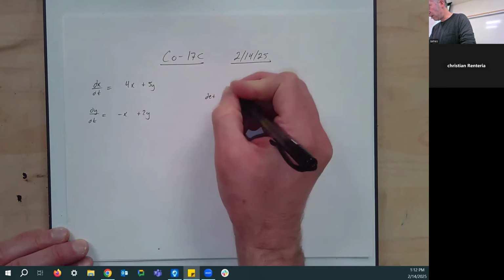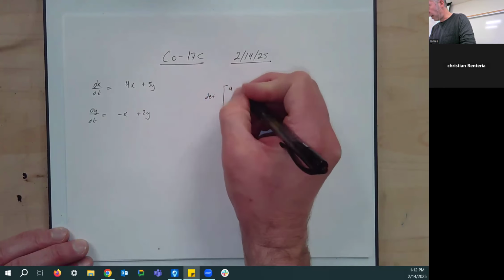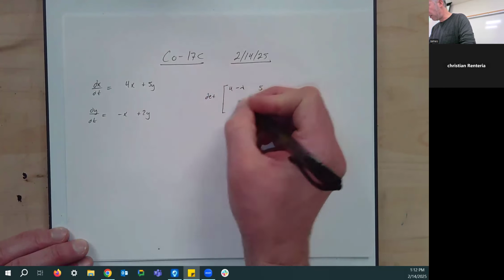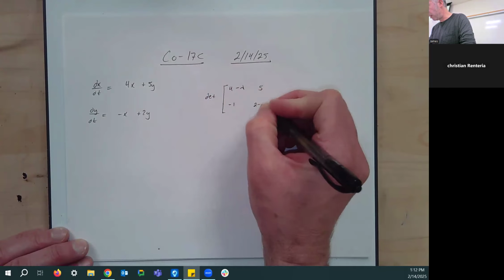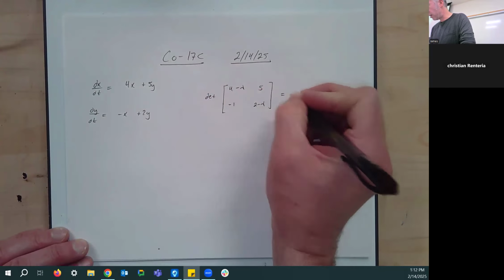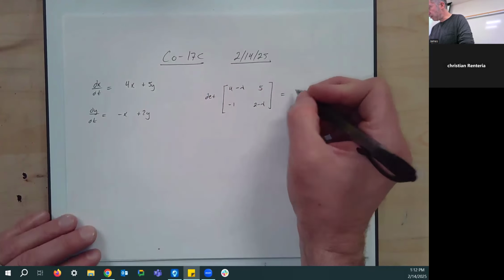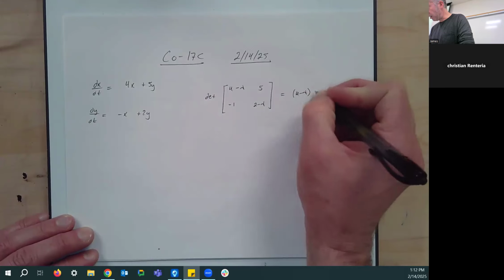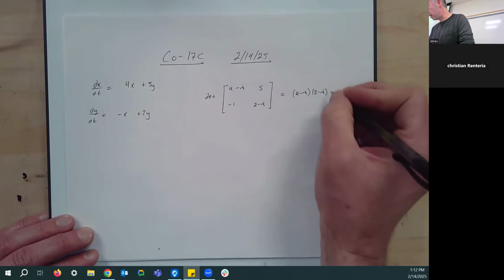Determinant of 4 minus lambda, 5, negative 1, 2 minus lambda. That's going to be 4 minus lambda times 2 minus lambda, minus negative 5.